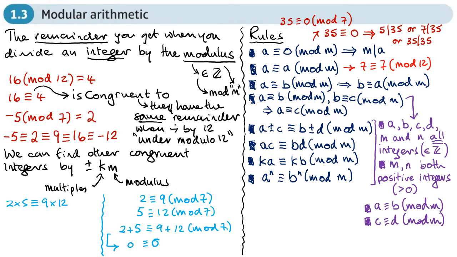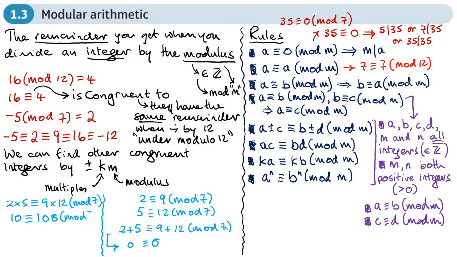Let's see if that is true. 2 times 5 is 10, and 9 times 12 is 108.